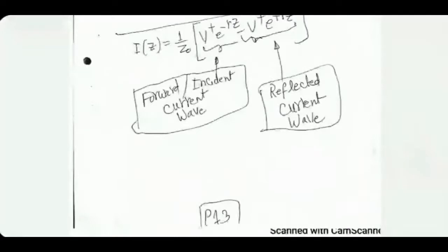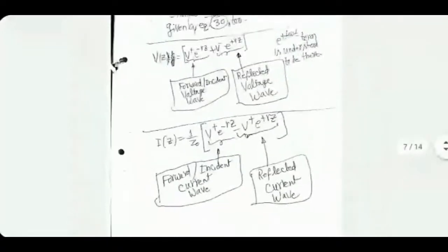So these equations are interpreted in the manner that I'm showing here. In the Vz equation, the first term is forward voltage wave, the second term is reflected voltage wave. In the I equation, the first term is forward or incident current wave. The second term, including minus sign, is the reflected current wave.